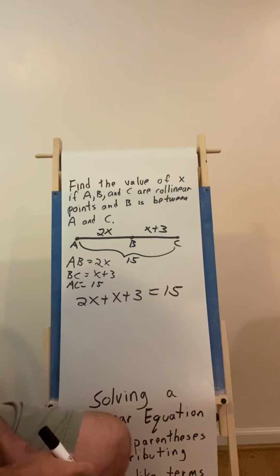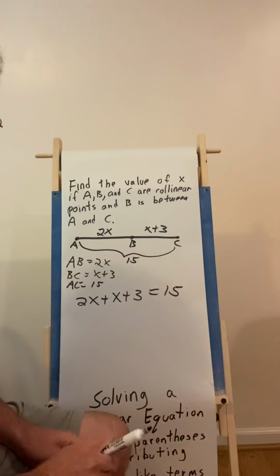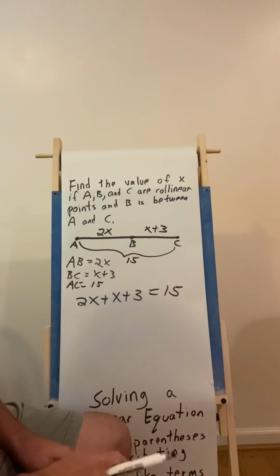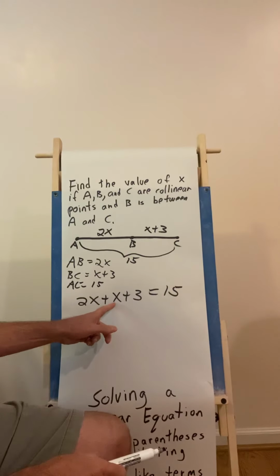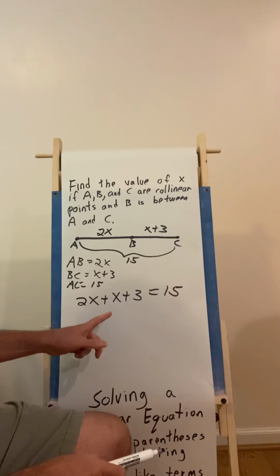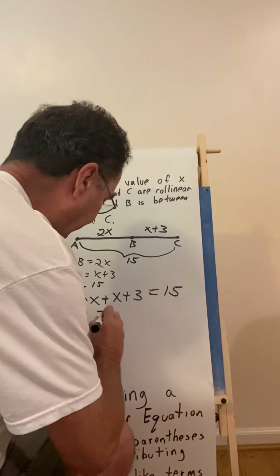Now let's go through those steps you saw on the previous page. There are no parentheses. We can skip that step. Combine like terms if they're on the same side. Well, they are. We have a 2x and an x on the same side. x is the same as 1x, so 2x plus 1x is 3x.